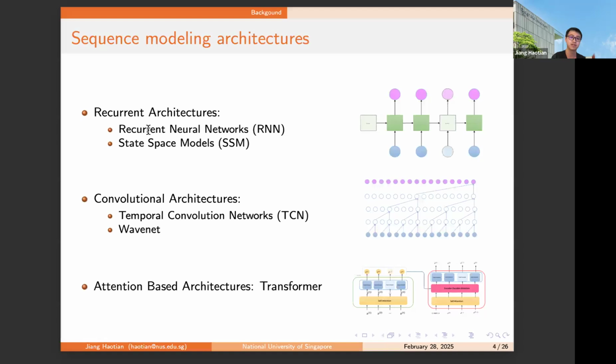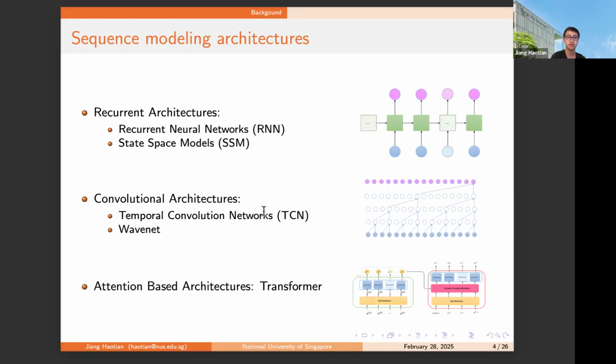This was first developed from recurrent neural networks, and recently there are also developments in state space models, the SSMs, for example the S4 model and others. Mostly the recurrent architectures are applied to time series applications, for example weather forecasting and other time-series-related tasks.